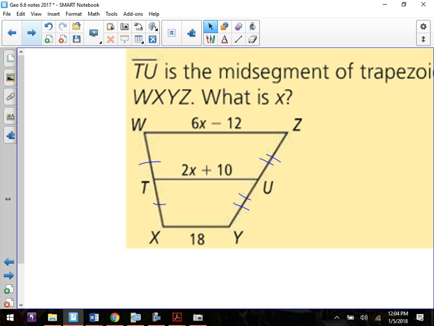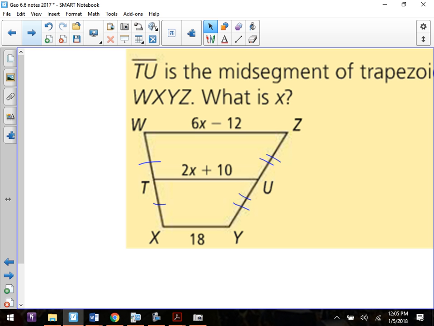Okay. Figure out both the missing segments.